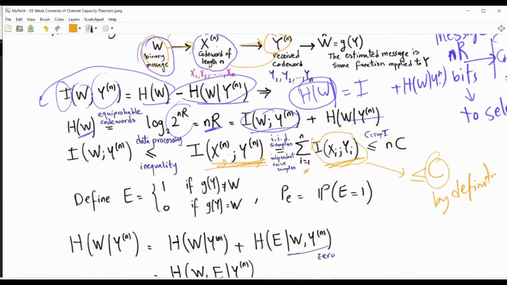And so the mutual information between the transmitted code word and the received code word is upper bounded by nC.